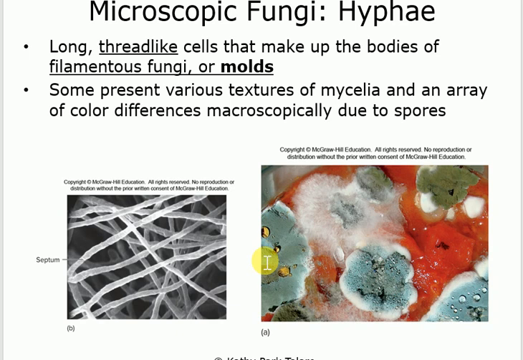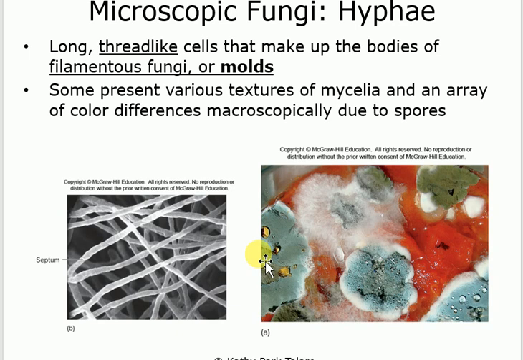But this is still microscopic. You're seeing a whole colony with different colors, white, red, green, whatever it is, you're seeing the spores. Like what we see on the bread, for example. On the bread, the individual organisms are very tiny, microscopic, but you're looking at a colony, mycelia.